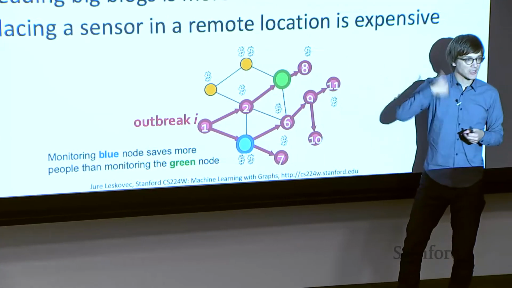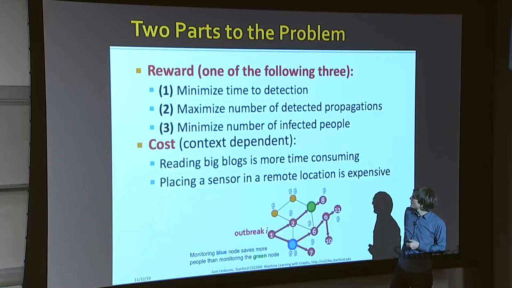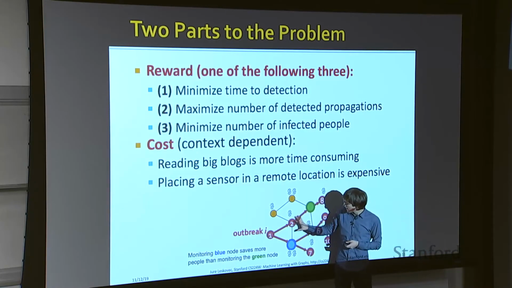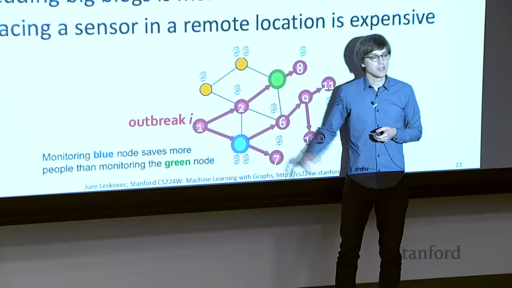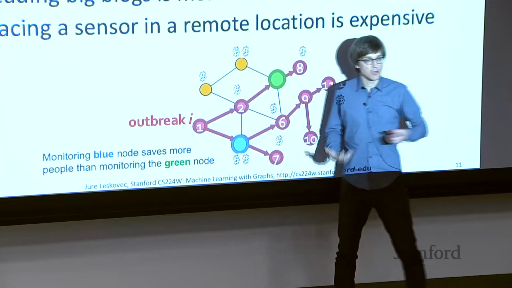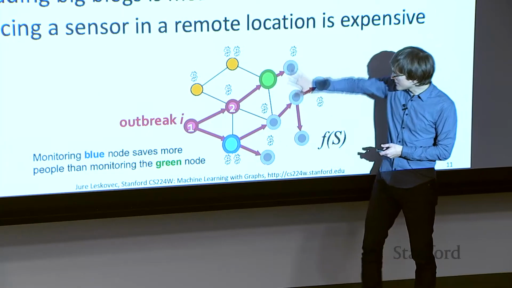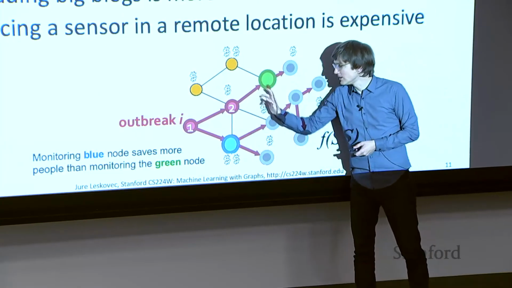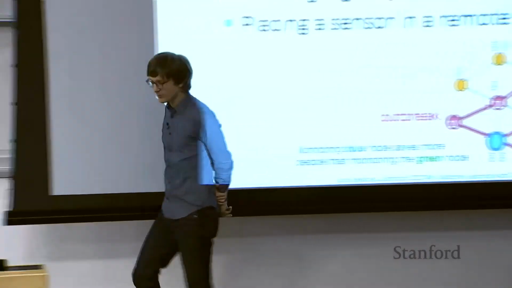I get to detect it, I get a reward of 1. And then minimize the number of infected people is essentially saying, here, two people got sick before I detected, so that's my penalty in this case. Or another way to say it is, I saved all these people because I detected these positions. Okay, so that's the way to think about these different functions.